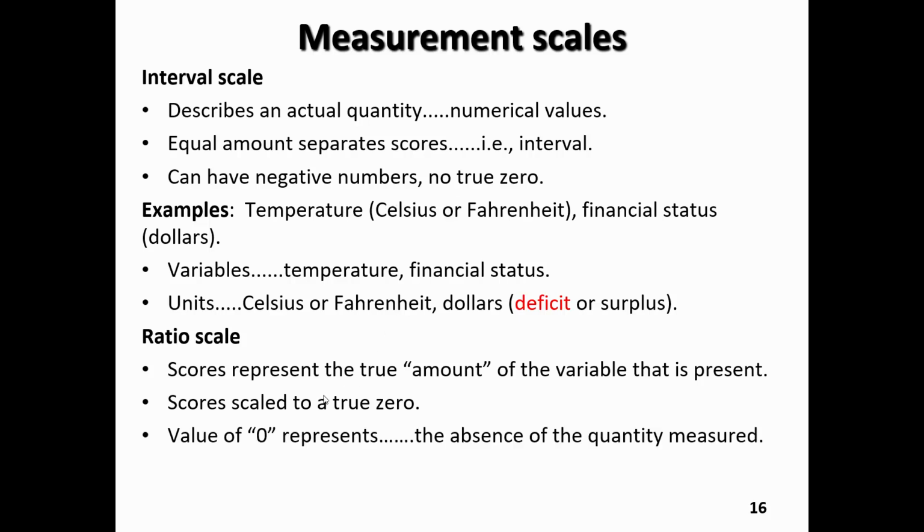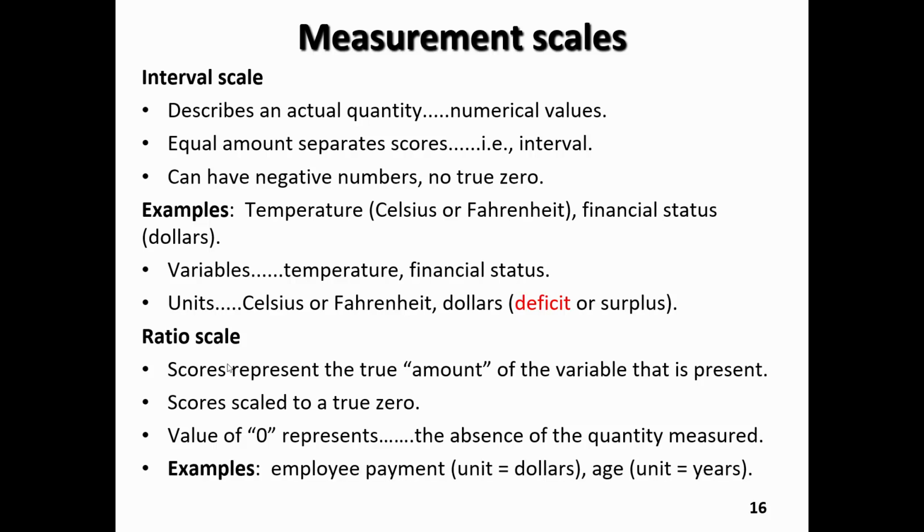In the ratio scale, the 0 actually represents the absence of the quantity measured. If we take a look at 0 degrees Celsius, it doesn't mean that there's an absence of temperature. It's just a reference point for either warmer temperatures above 0 or colder temperatures below 0.